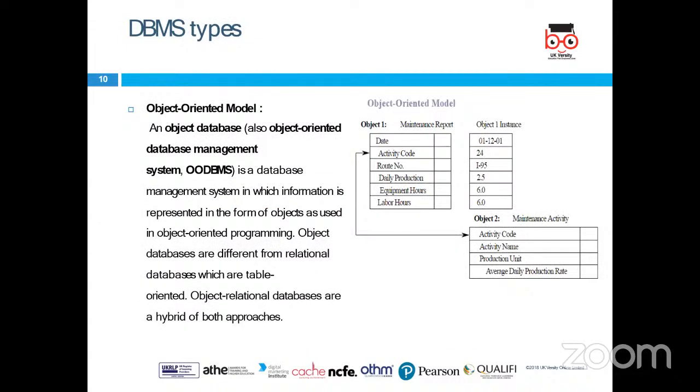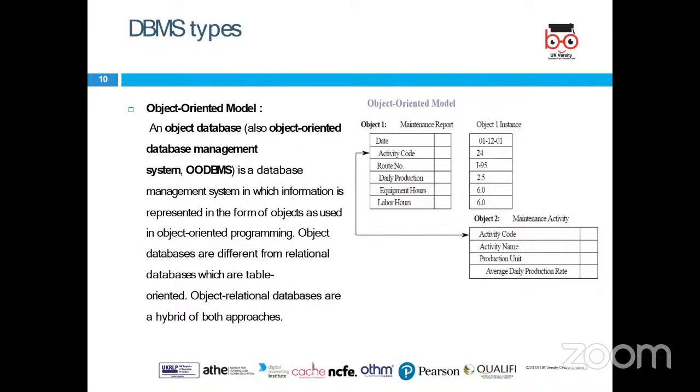Also, we have object-oriented models, where an object database is a simple database management system in which information is represented in the form of objects, and they are pretty much used for object-oriented programming.